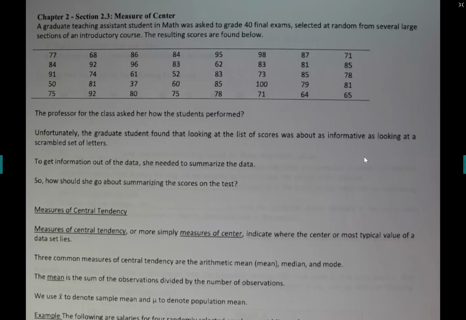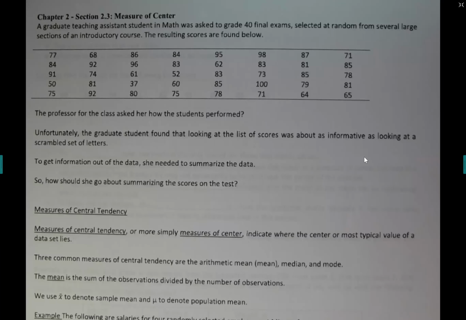If the professor wanted to know how the class did as a whole, presenting this data would make it very difficult to tell, especially with more than 40 students, like 100 students. You won't be able to get one idea of how the class did, so you should summarize the data.